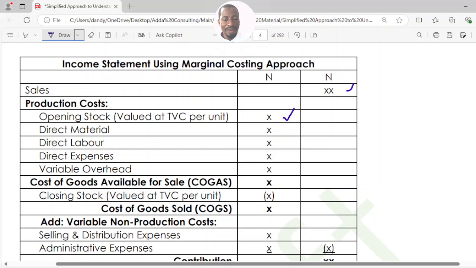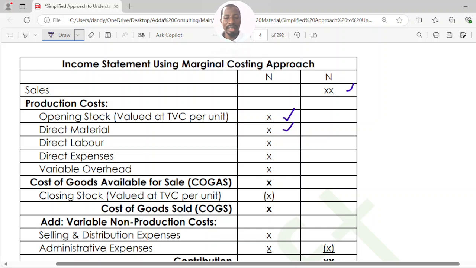All the items under the production cost must be multiplied with the number of units produced. Therefore, for the total direct material cost, I will multiply the units produced in that year with direct material cost per unit. Then I will post. There is no need for you to do working for this kind of thing. Just use your calculator, and you get the answer.